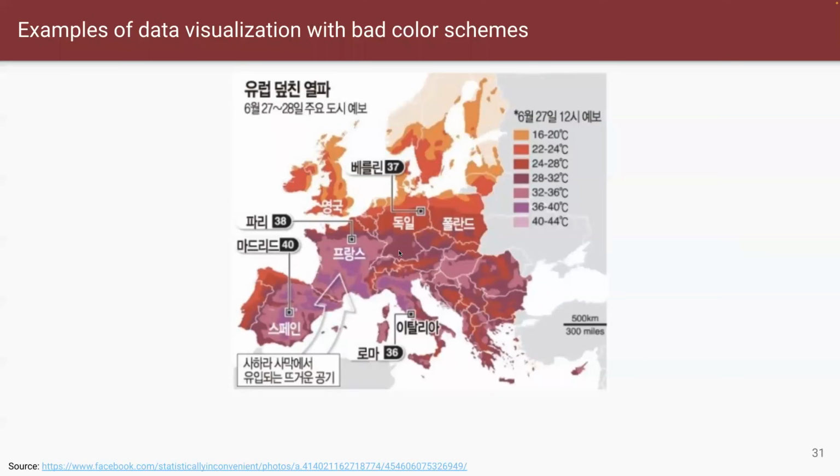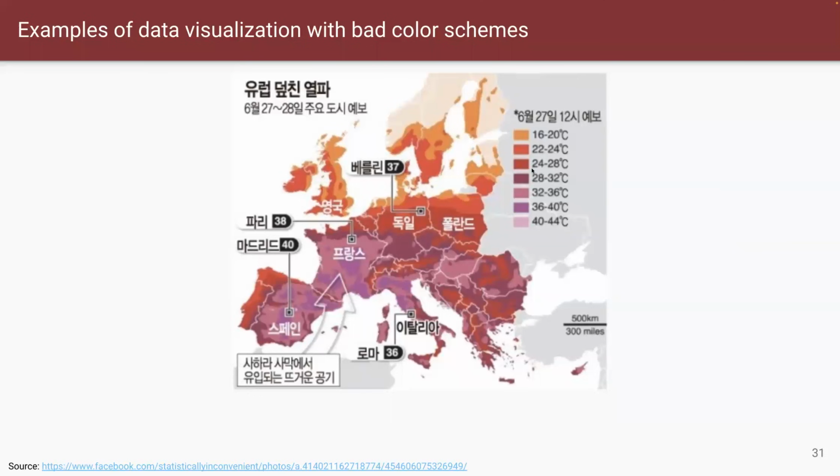My expectation is that the dark red is the highest temperature in this figure, but it's not. So this is the lowest one, and then orange, red, dark red, magenta, it's fine, light magenta, purple, light purple.